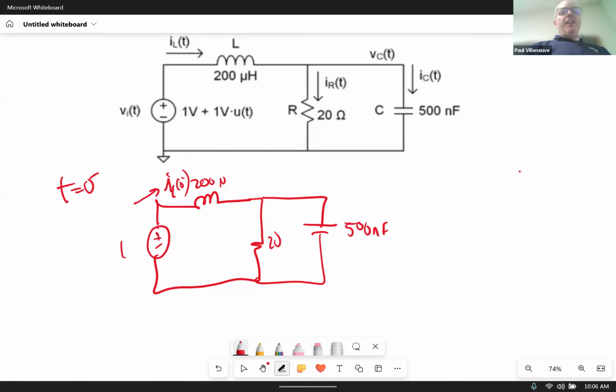Our circuit analysis is based on using I's for inductors, for initial conditions, and V's for voltages. So you got to solve for your initial conditions. Think you can tackle that? I hope the answer is yes. You shouldn't even have to write this down. You should tell me, what does IL of 0 minus equal?